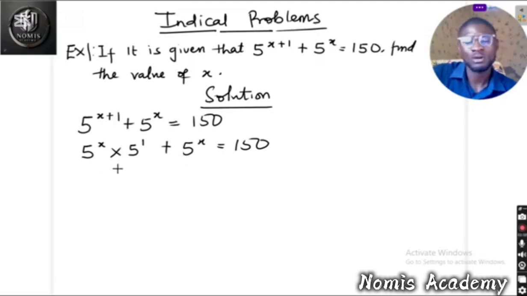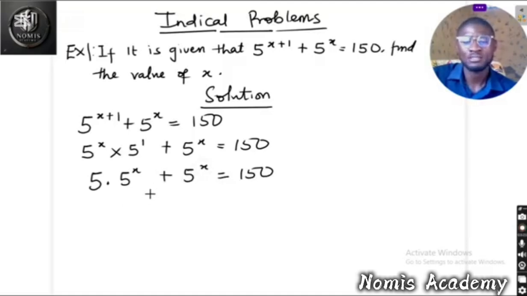So this has become 5 multiplied by 5 raised to the power of x plus 5 raised to the power of x equal to 150. What can be done is to make 5 to the x a letter, a number.